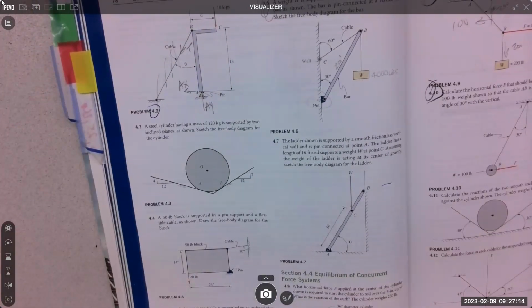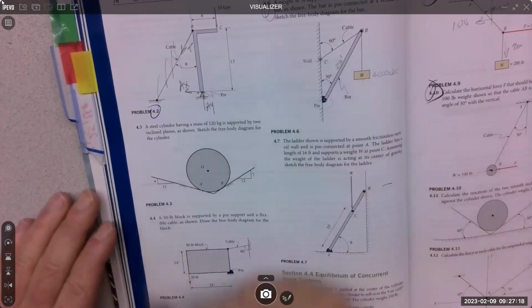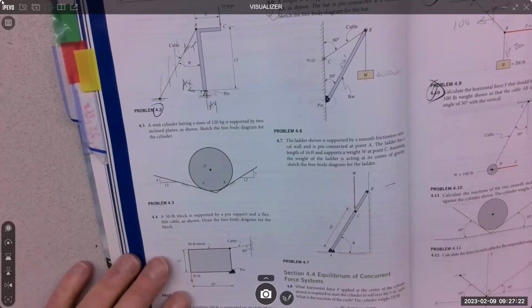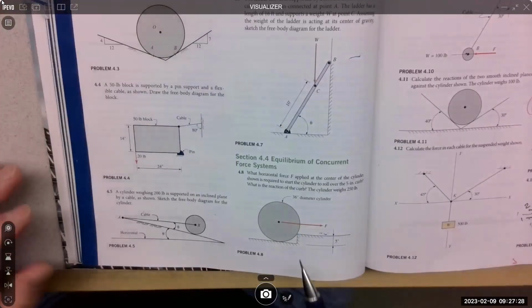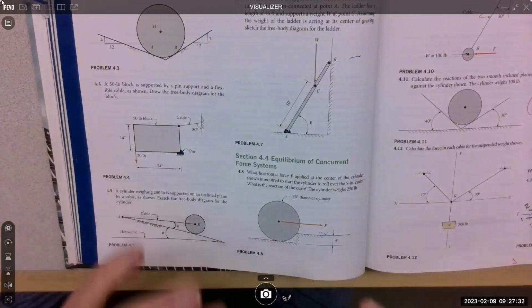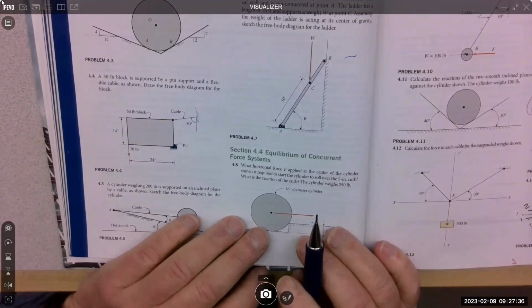All right. Okay, so then after we get past the whole free body diagram part, which I think is 1 through 7, it's going to actually have you start calculating some concurrent force systems like this, right? The way you do these is you start with the free body diagram.